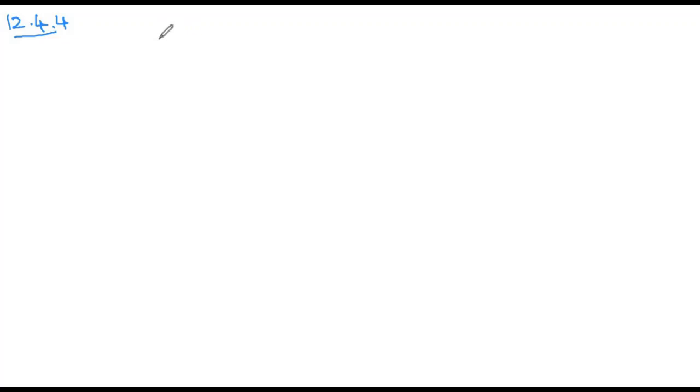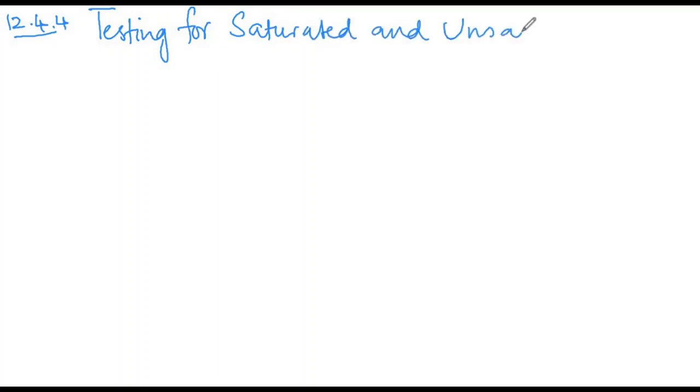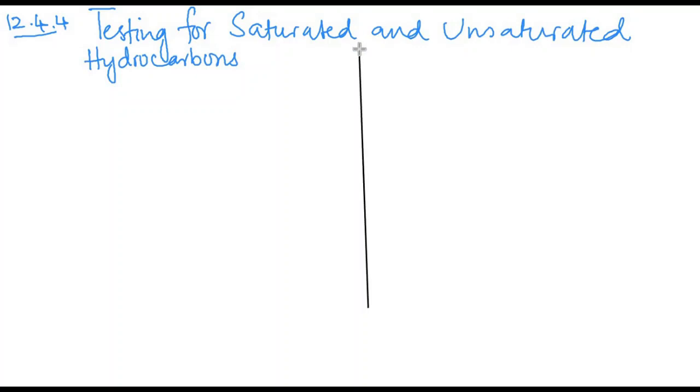This is about the recognition of saturated and unsaturated hydrocarbons. So basically, it is the test for unsaturation. How can we find out whether a compound is saturated or unsaturated? There could be 2 ways by which this could be done.